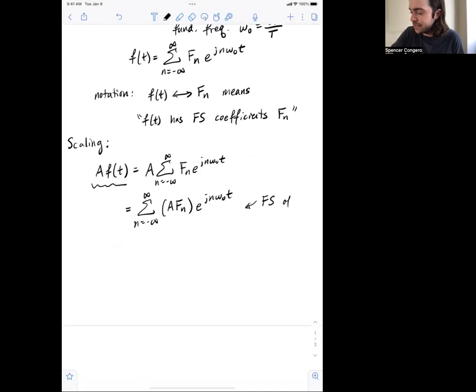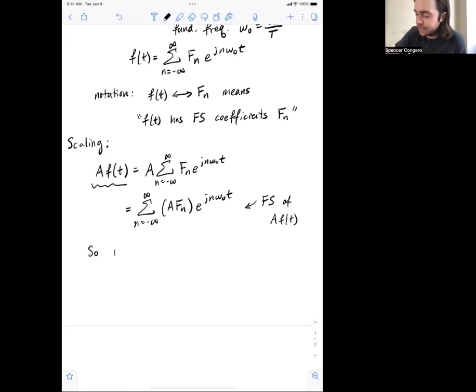This is the Fourier series of a times f of t, because when we scale something by a constant, the period isn't going to change. And so this omega naught is still accurate. That's still the fundamental frequency for this function. And here are the Fourier series coefficients right there, a times f sub n.